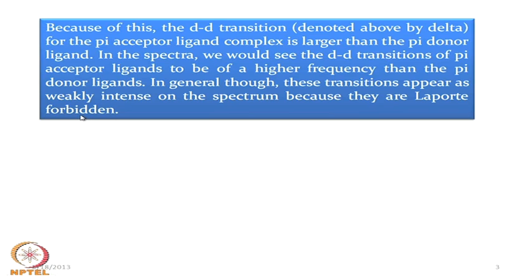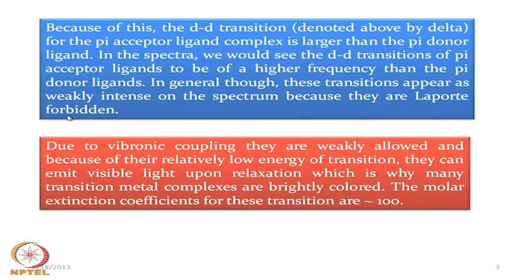Even if we have so many of these levels, that means the ligand pi donor or pi acceptor and the metal ion sigma, pi, as well as pi star and sigma star levels, some relaxation will definitely be there.